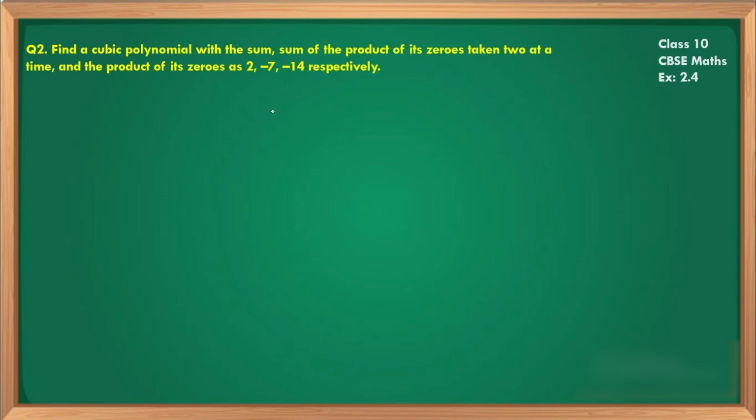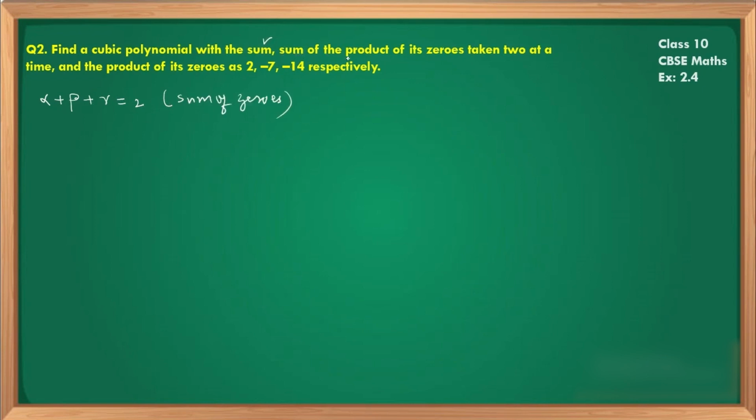But we should find out exactly what they mean. The first is sum. We know sum. The sum is alpha plus beta plus gamma. That is equal to 2. This is the sum of zeros. This is over.